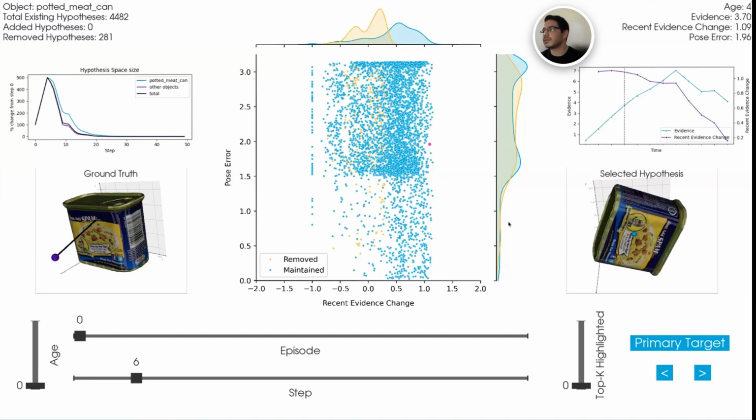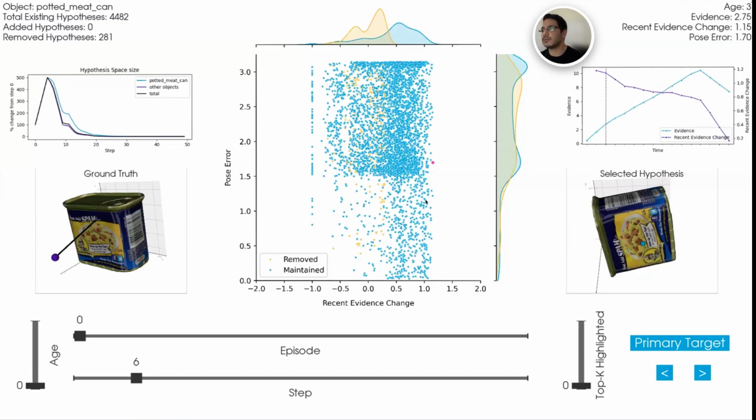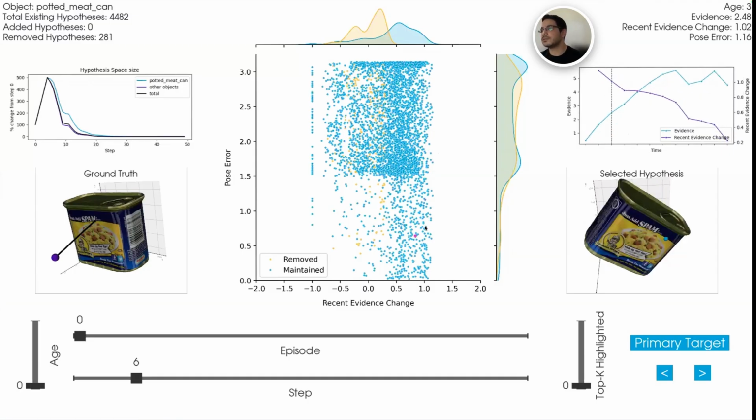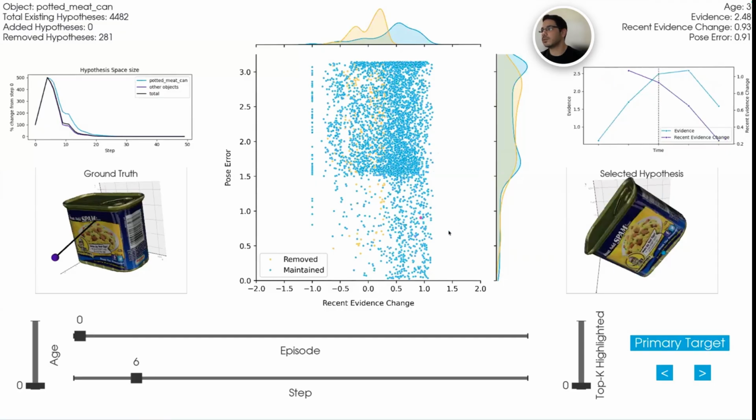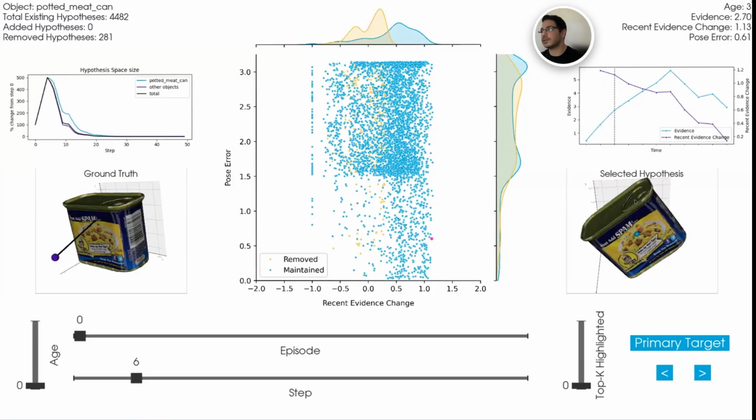So I can now reveal the third part of the visualization. And so I can select these hypotheses, and it will tell you basically what's in this hypothesis here. So you could look at this right side to figure that out. For example, if I click on this hypothesis over here, it will tell you I'm seeing the potted meat can, which is the object identity, and I'm seeing it at this rotation or orientation.